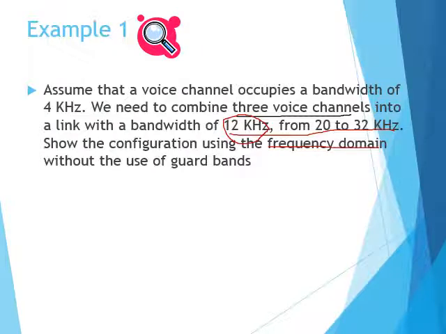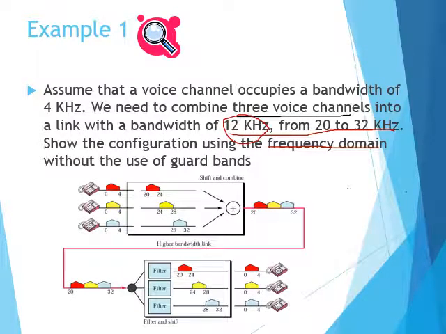So what is the answer? Each voice channel has 4 kilohertz bandwidth. When combined, it equals 12, between 20 to 32. This is the combination of the signals, which we call a composite signal.